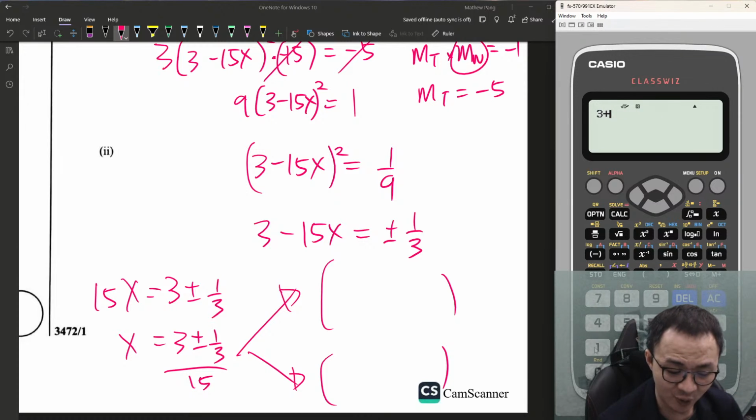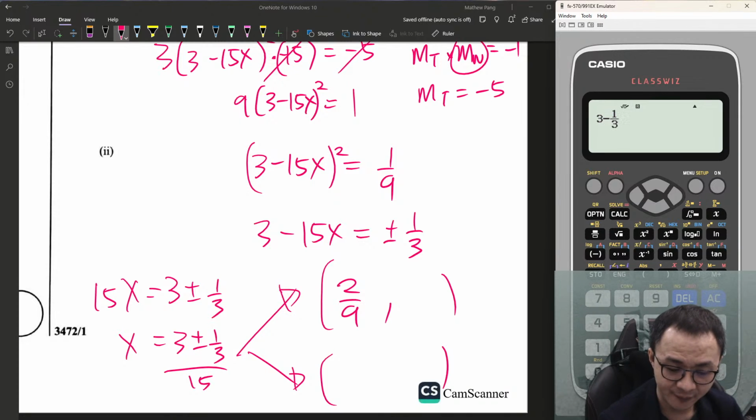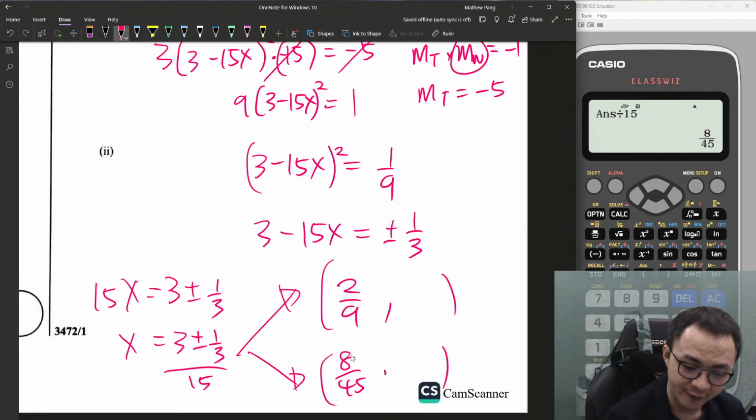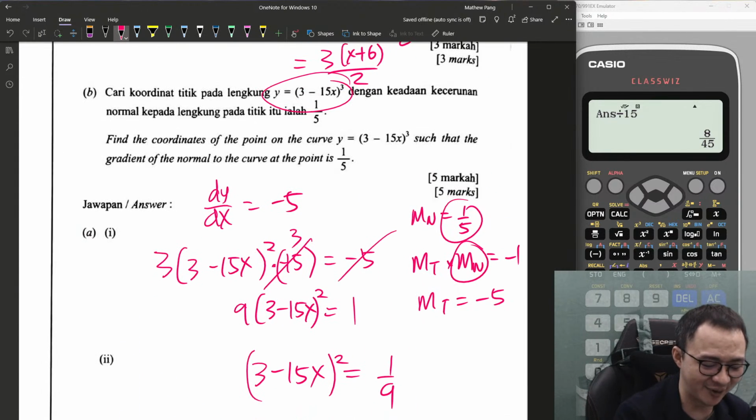So 3 plus 1 over 3, divided by 15. First x coordinate is 2 over 9. Then second x coordinate is 3 minus 1 over 3, divided by 15, 8 over 45. Okay, then I want to find the y coordinate at the same time. So I need to sub into here, right?